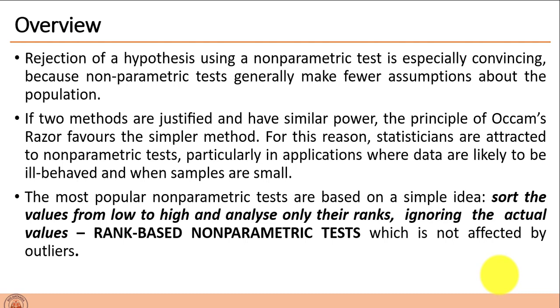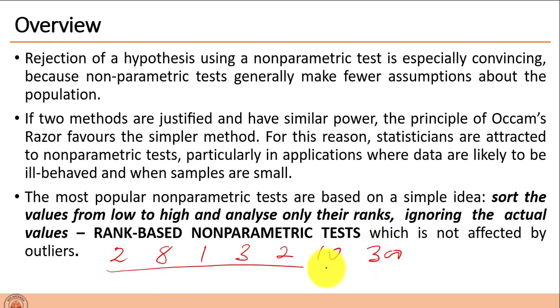The most popular non-parametric tests are based on a simple idea. Sort the values from low to high and analyze only their ranks, ignoring the actual values. So after arranging them in order, let's say for example, you have this data. Let me add another one called 10 and 300.